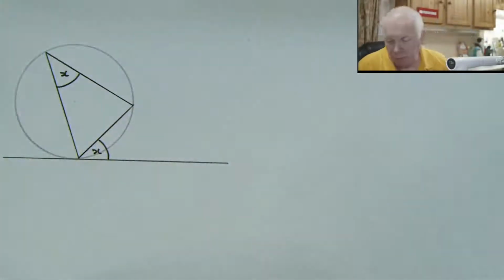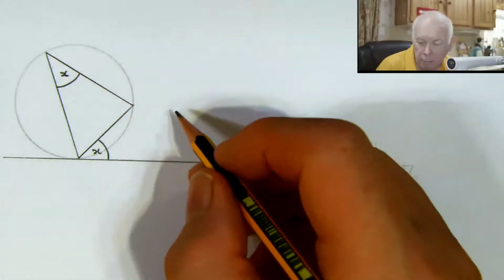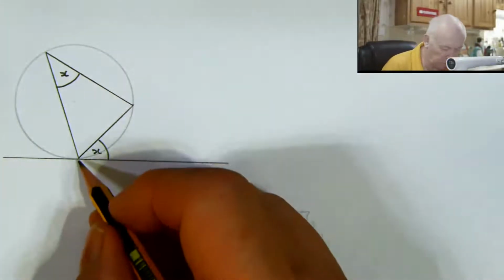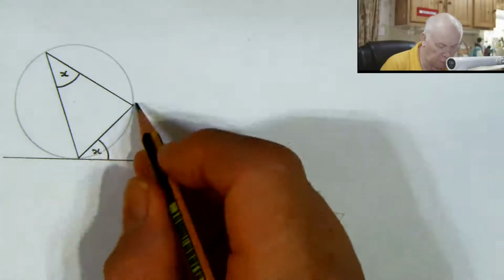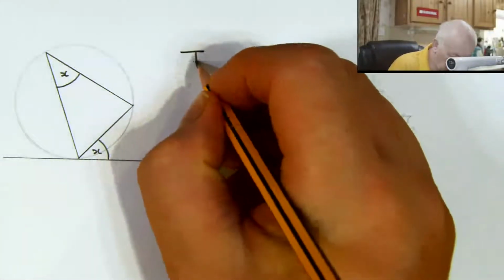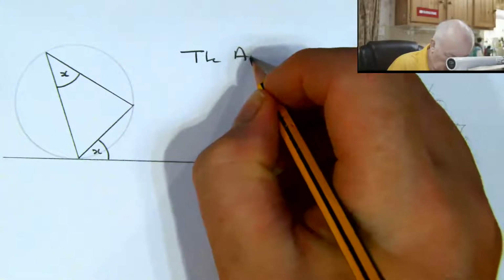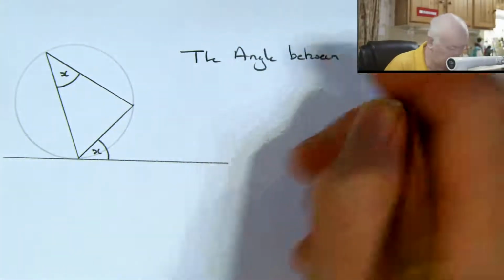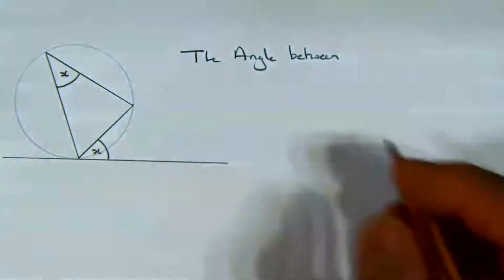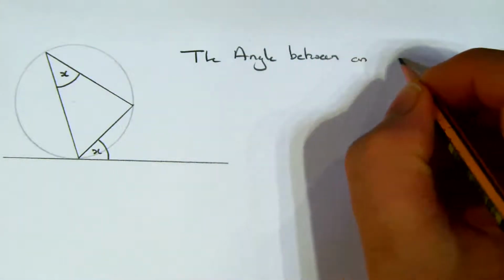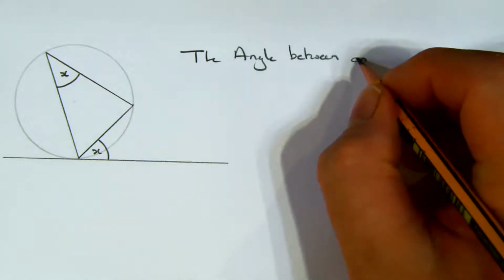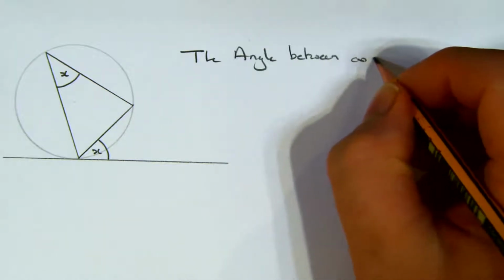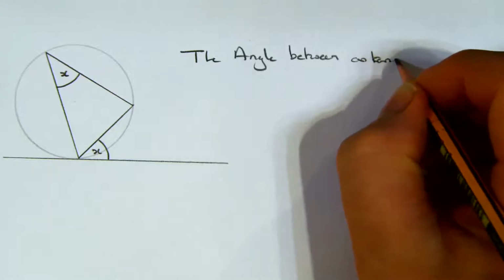So for this one, we can say that the angle between the tangent and a chord at a tangent, let's do it right.